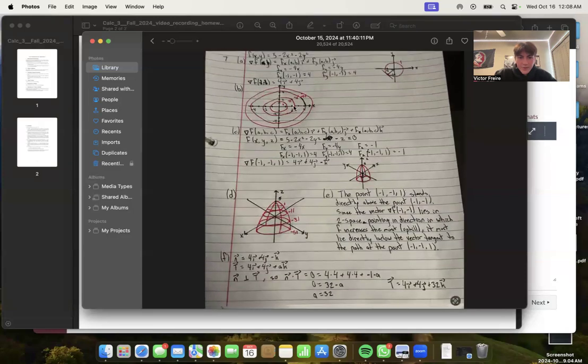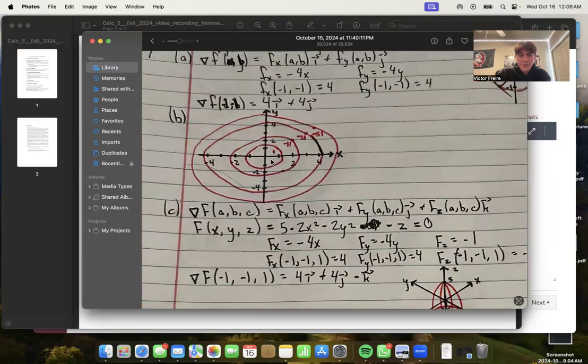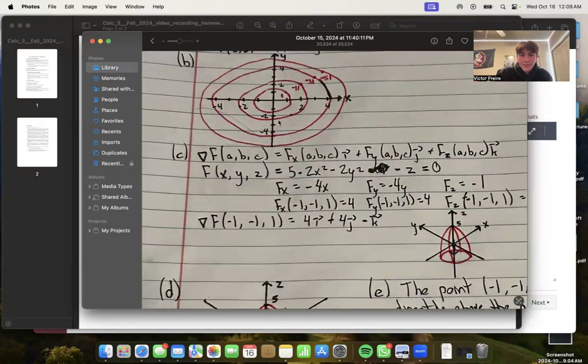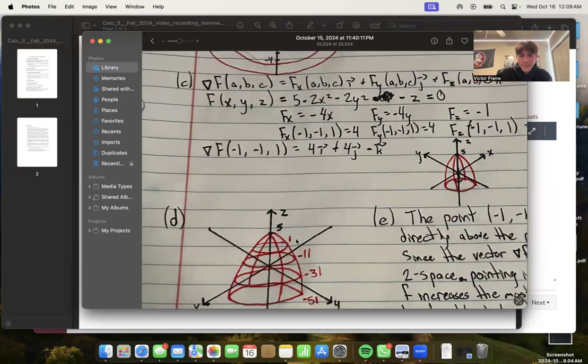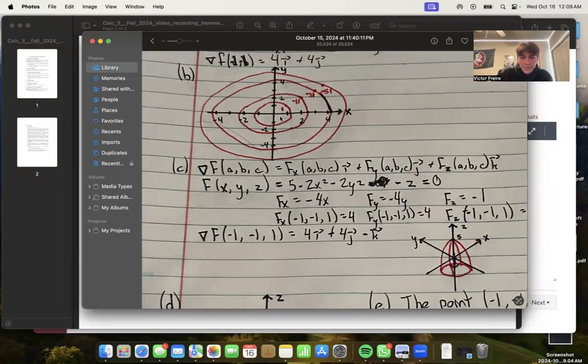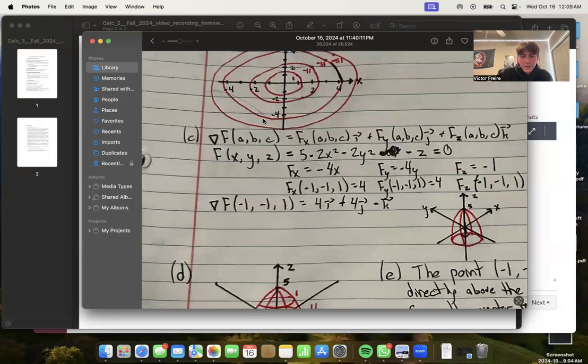If we go back to part B, we can see how this is essentially the top-down view, right? If you were to get the three axes and look at them from the top, from the z-axis, this is the view you would get. And then I just translated that over here, right? So it's going to be an output of 1 at the points like 1, 1 or -1, 1 or -1, -1.